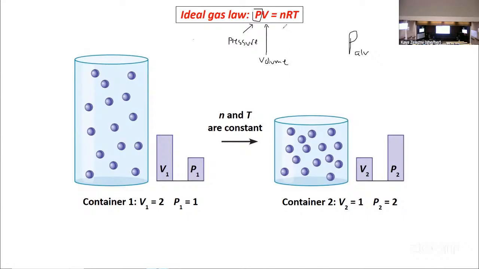And then on the right-hand side, we've got N, so that's going to be the quantity of air, the number of moles of a gas. R is a constant, so we don't need to think about it. And T is temperature. We're not really going to think about that varying either.